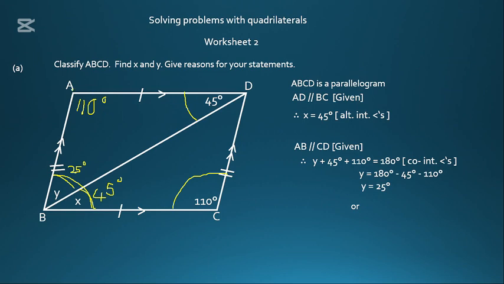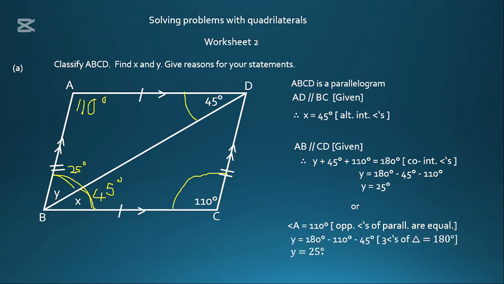You must first say why A is equal to 110. Now A is equal to 110 because the opposite angles of a parallelogram are equal. So A is 110, opposite angles of a parallelogram are equal. Now in our next step, y plus 110 plus 45 is equal to 180 because the sum of three angles of a triangle.